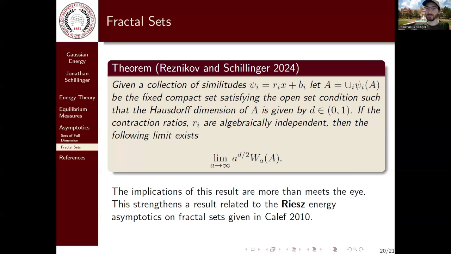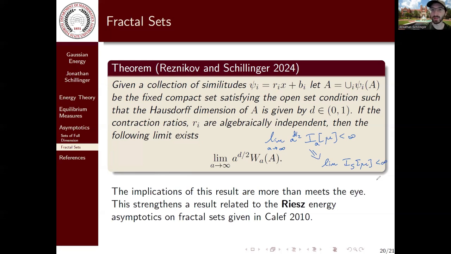This shows that even though the Hausdorff measure isn't the optimal one for the Gaussian kernel, although the optimal ones will approach it in the limit, for any measure for which this limit is finite, so not the optimal measure here, but if you look at the limit of the Gaussian energy for some other measure mu, and you know in advance this limit exists, then this implies that the limit in the Riesz setting of that same measure also exists and is finite.